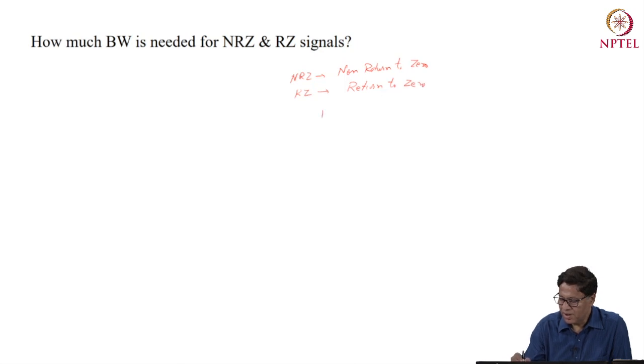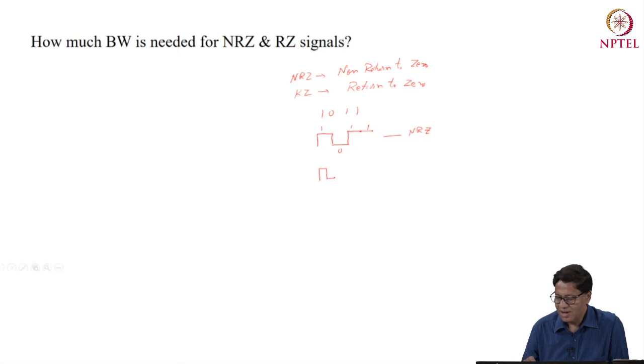And RZ is return to zero. So suppose you have 1, 0, 1, 1. If I make an NRZ signal, this is my 1, and then this is 0, and this is 1, and this is another 1. So this is corresponding to 1, 0, 1, 1. This is an NRZ signal. The RZ signal will be, for 1, for half of the time it is 1 and then it will come to 0. So this 1 will behave like this.